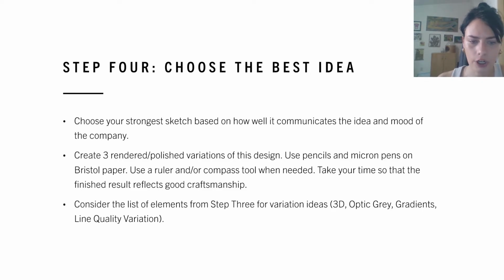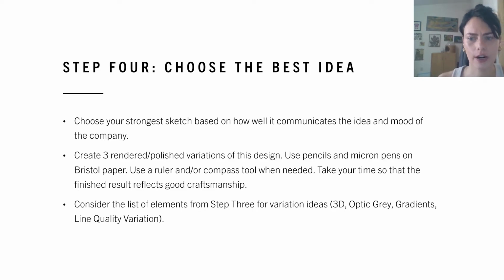You're going to need a ruler and either a compass tool or circular templates, something that you can use to create perfect circles. If your design has circles in it, you will need that, but if you have any straight lines, you'll definitely need a ruler.